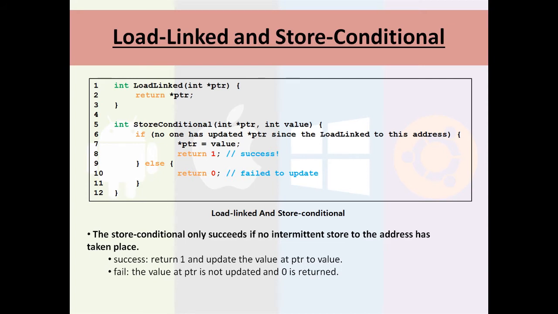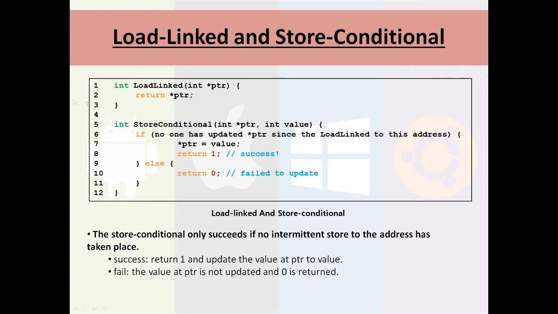So this is slightly complicated, but load link returns the current value of a memory location. This will be the current value of our lock, or our flag, indicating whether the lock is held or not.